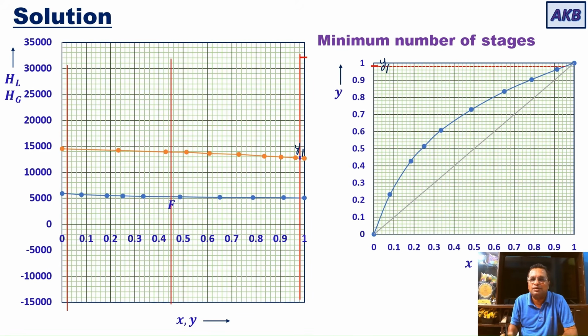For that, you will have to go to the equilibrium curve, come back to the x-axis, and that will be X1. In this case, it is 0.96. So locate X1 over here, 0.96. So this is X1. Now, as I said, while drawing the construction line, this time the construction line will be vertical, a vertical line through X1.